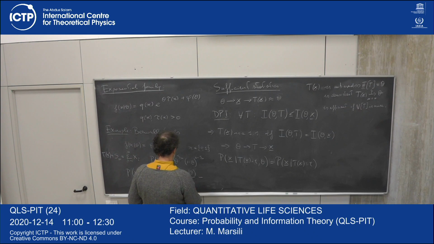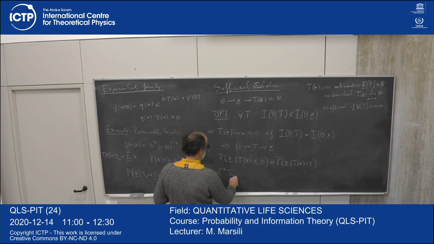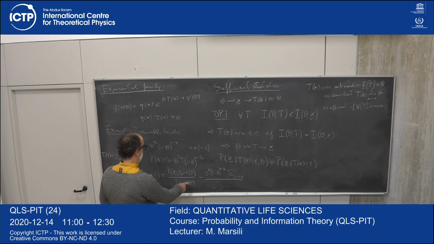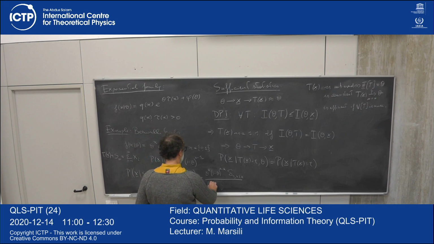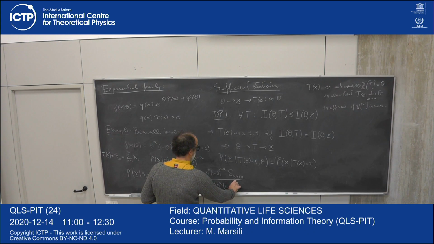The probability of the sample is just theta to the S_n, theta to the k, because S_n is equal to k, and 1 minus theta to the n minus k, times the delta function that tells me that S_n of x must be equal to k, divided by the binomial distribution, which is just n choose k, theta to the k, 1 minus theta to the n minus k.